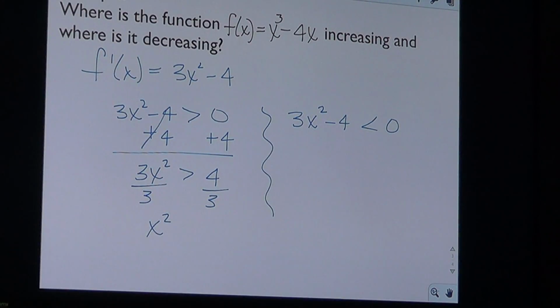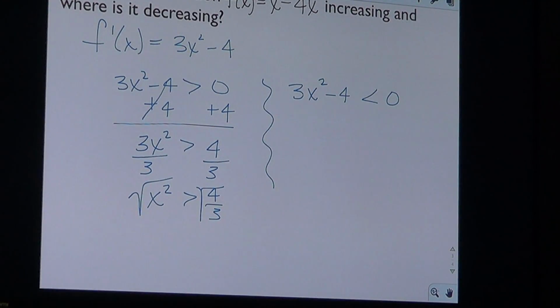So yeah, x squared is greater than 4/3, so x is greater than plus or minus 4/3. How come it's not plus or minus square root 4/3?